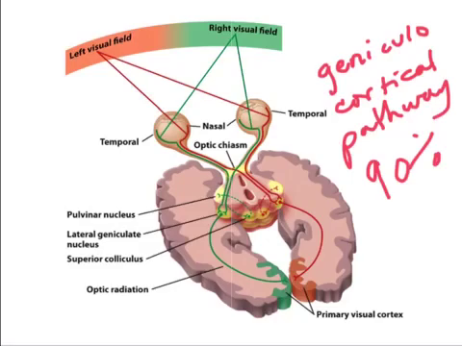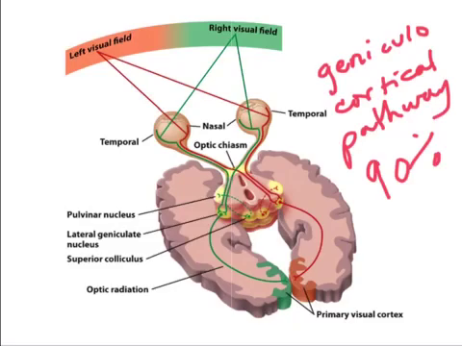And your book points out rightly that even though this 10% seems rather small, it's really not trivial. In fact, 10% of the visual pathways comprise more fibers than are found in the entire auditory pathway.